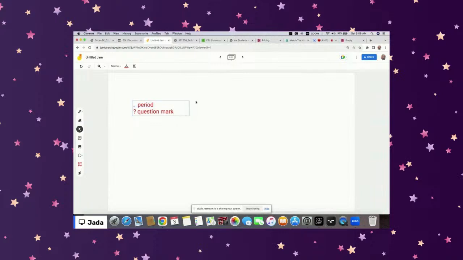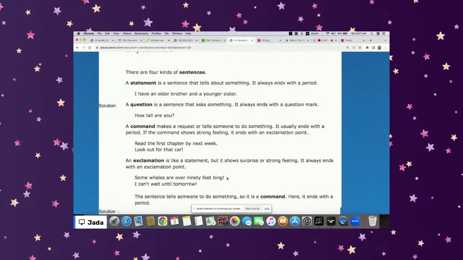So, I will put the exclamation mark here. Okay, so this is the exclamation mark. So yeah, like I was saying, a command makes a request or tells someone to do something.